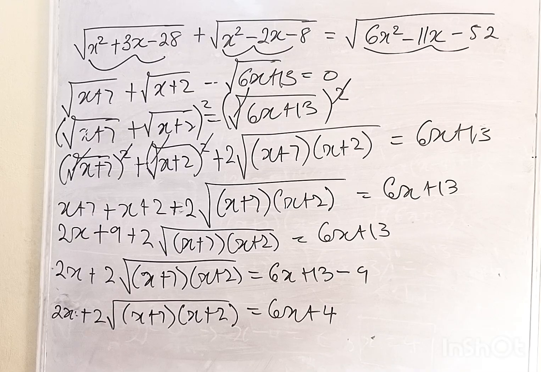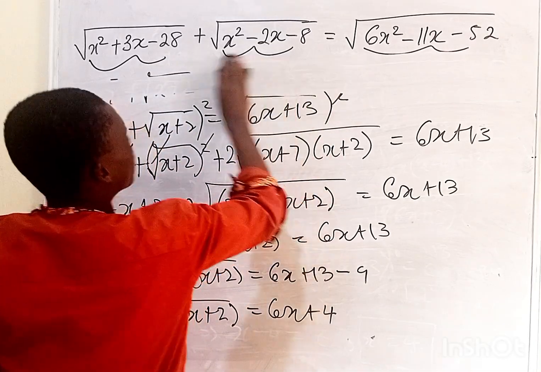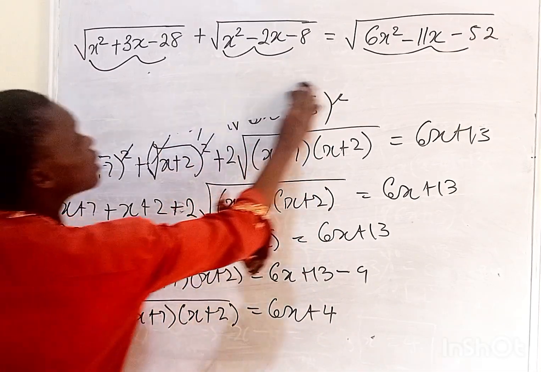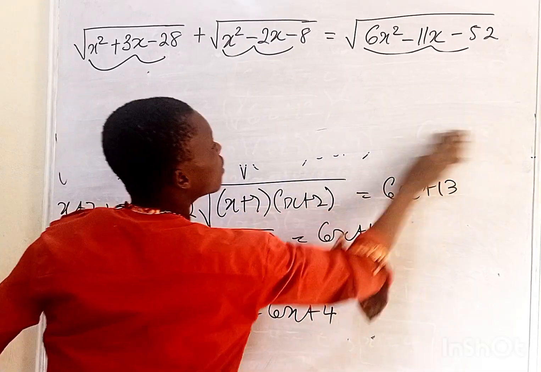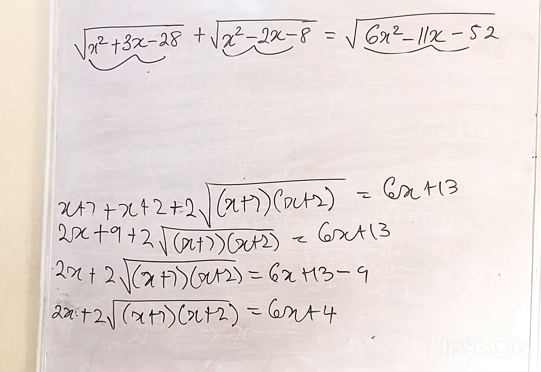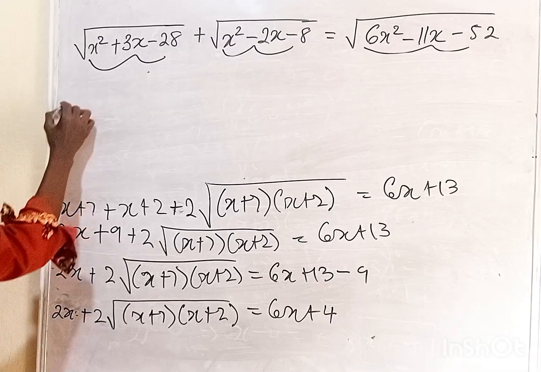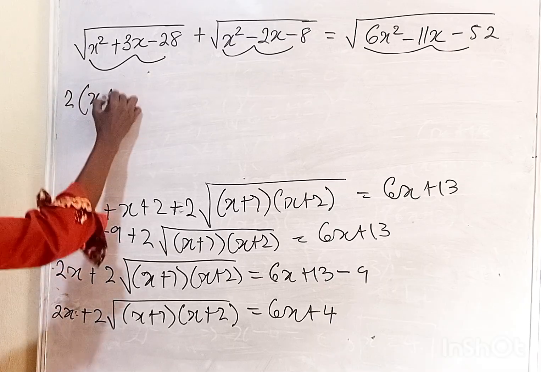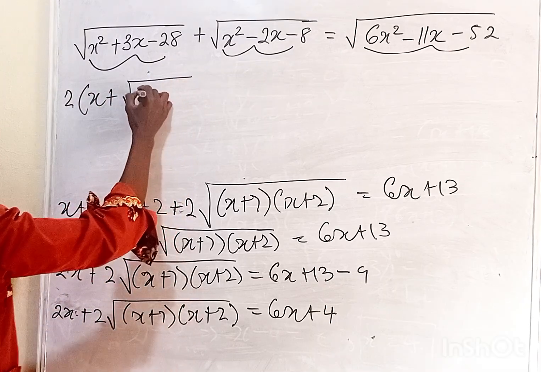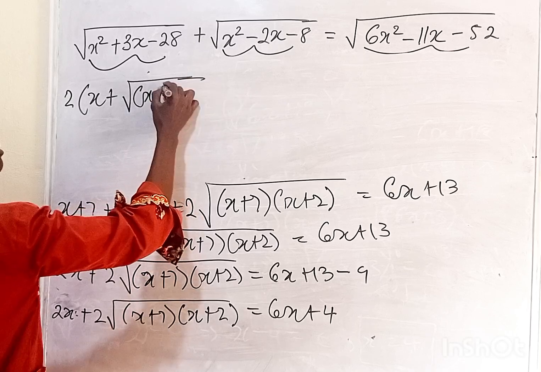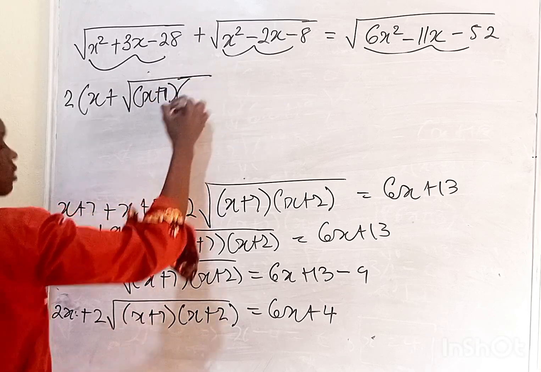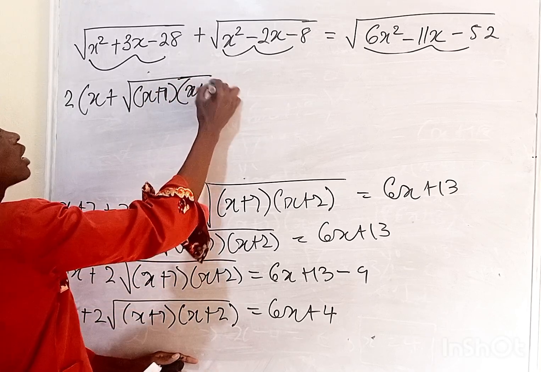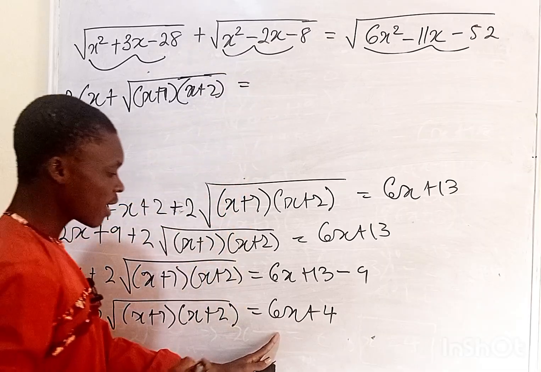So clearly, what can we do? We can factorize from here. Let me take it up because of the space. If we factorize this, we have 2 into the bracket x plus the square root of (x + 7) multiplied by the square root of (x + 2) equals, we can also factorize it, 2 here can come out.